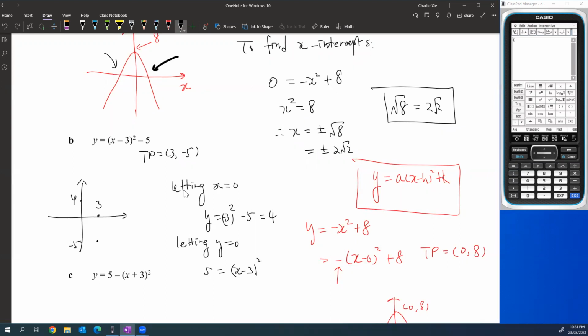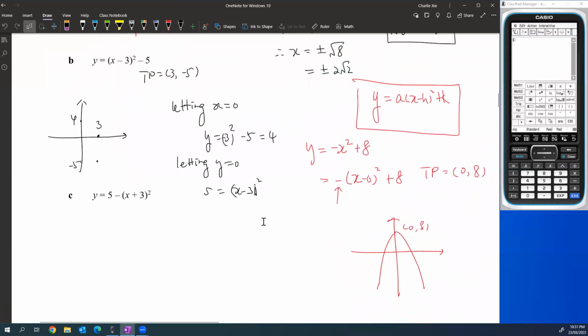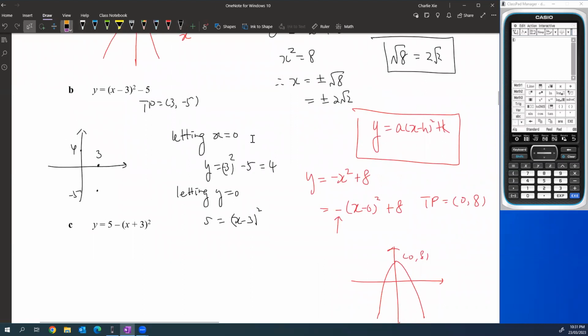Oh, sorry, I skipped one step. Maybe it's better to show all the steps. By letting y equal 0, you have 0 equals bracket x minus 3 squared minus 5. Plus 5 on both sides, 5 equals bracket x minus 3 squared. With a perfect square, we always do unsquaring instead of expanding the bracket.